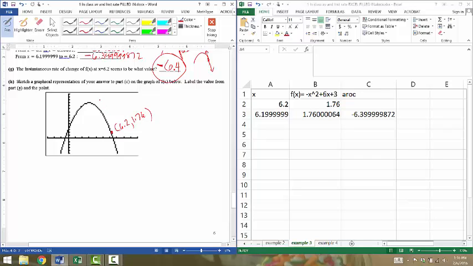If we could draw a line tangent to the graph right at x equals 6.2, a tangent line, it only intersects the function at that one point. It's parallel right at that point. That tangent line would have a slope of negative 6.4. In other words, the instantaneous rate of change when x is 6.2 is negative 6.4.